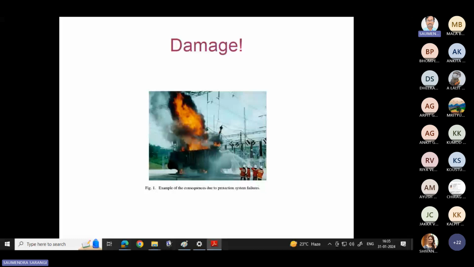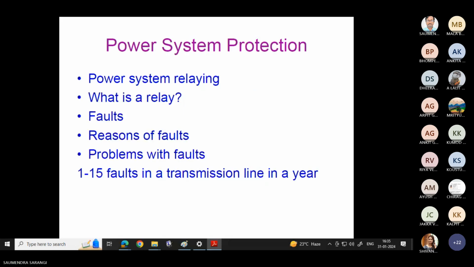We need to protect the transmission line where this type of case may happen. But we have to design our system in such a way that any type of fault in our system should be detected.